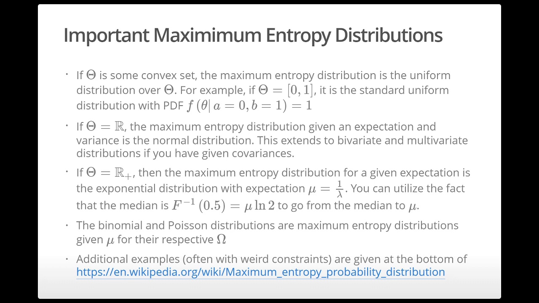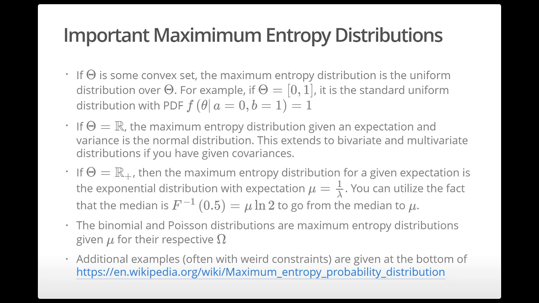If your parameter space is all real numbers, then the maximum entropy distribution for a given expectation and variance is the normal distribution. And maximum entropy essentially means this distribution conveys the least amount of information above and beyond the information you're provided by specifying the expectation and the variance. Specifying the expectation and the variance provides a lot of information.